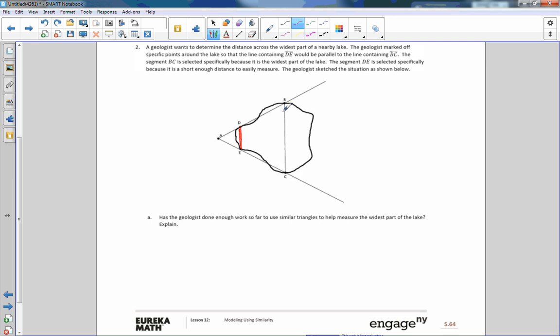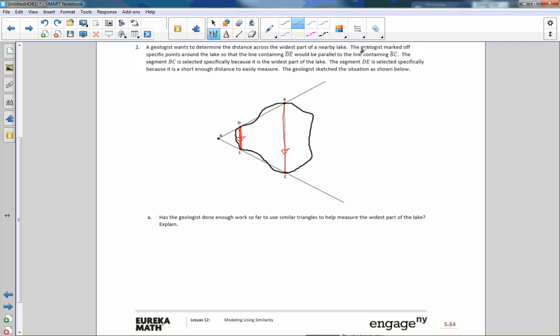Okay, so they're telling us that these two lines right here are parallel. So I'm going to mark that. That's parallel to that. The segment BC is selected specifically because it is the widest part of the lake. That's what we're trying to calculate.